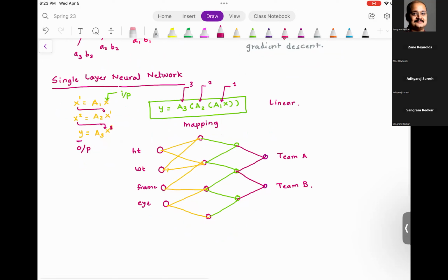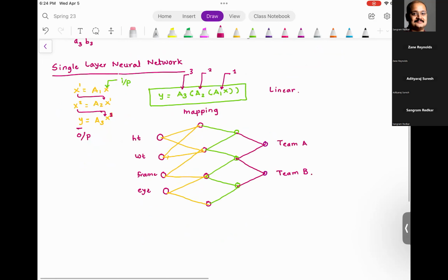You are going to find the appropriate values of the weights, and then you will be able to get the classification, whether that person belongs to team A or team B. Now, as you can see, this is a multi-layer neural network. So you have multiple layers.